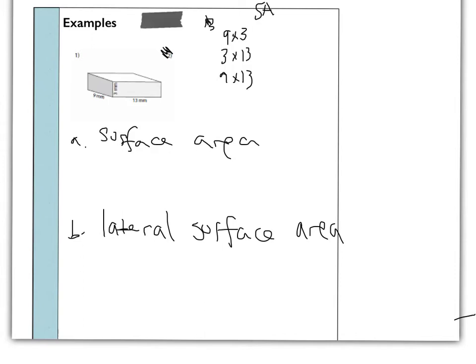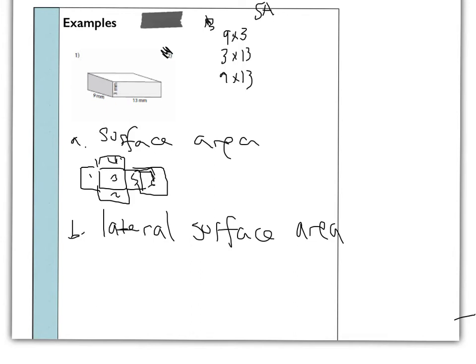If I flattened it out, I would have the center base, I would have a side, another flappy side, another, and another. But because it is also closed on the top, I would have a final little box up here that's the base for the top. Okay. So I need to find the area of 1, 2, 3, 4, 5, 6 things. But some of those things have the same area.